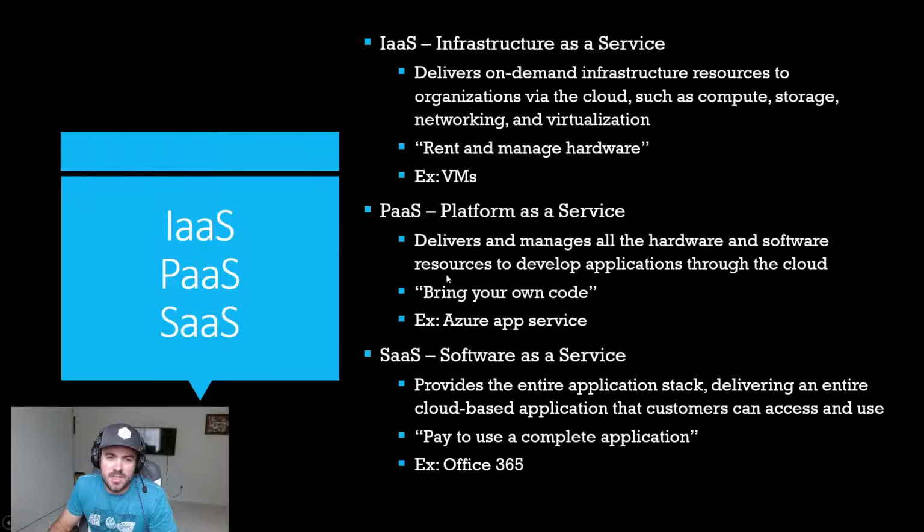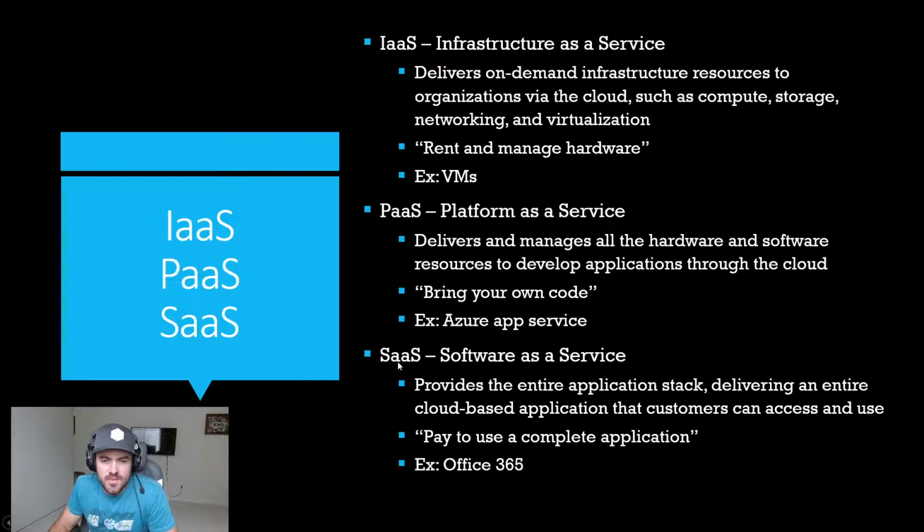And then Azure will basically just give you the hardware and the software that you need to run that application code. Right? Perfect example of this is Azure App Service, right? It abstracts out a lot of the management of the hardware and the infrastructure so that you can, again, just work on building your application, your code, making that as neat as possible.